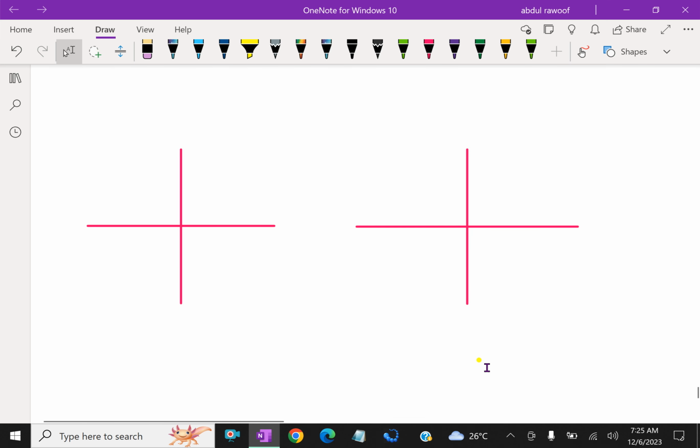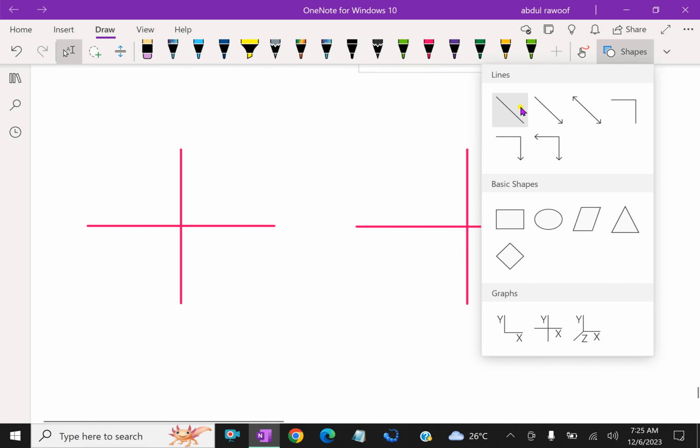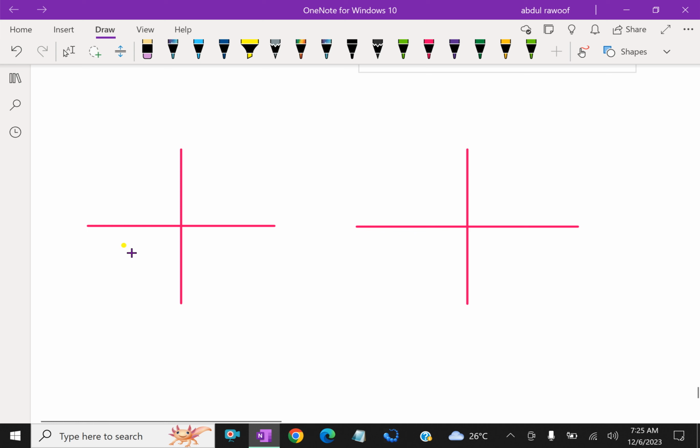Look at here. Suppose a line, this line is y equal to f of x.